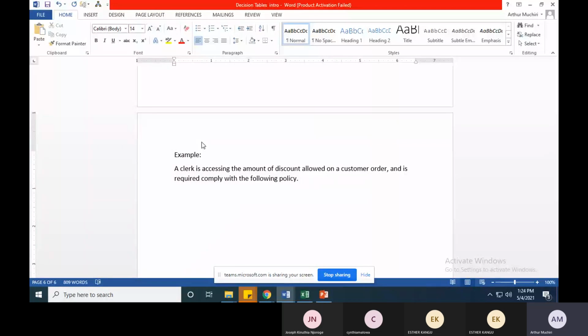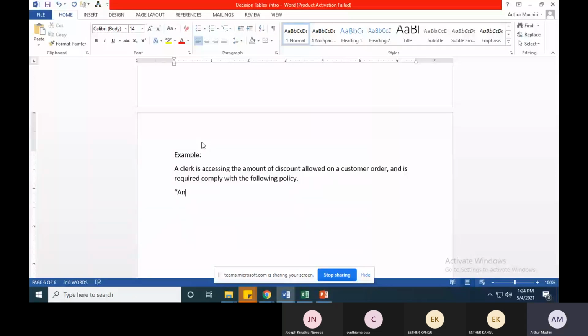So a clerk is assessing the amount of discount allowed. So he's checking for the discount. When am I going to allow you the discount? So this is a condition, or the circumstances, that will determine whether somebody will receive the discount or not.